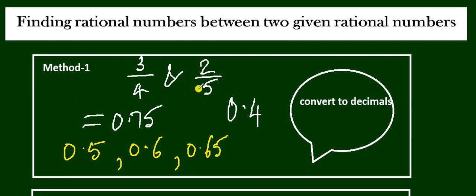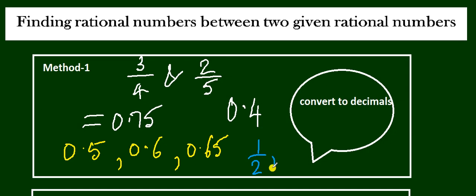To be more specific, if they are giving you the numbers in fraction form, try to write your answer also in fraction form, and preferably in the simplest form. So my 0.5 gives me 5 over 10, which is 1 by 2.